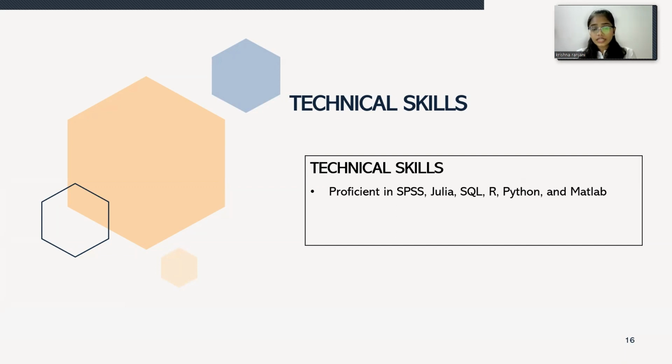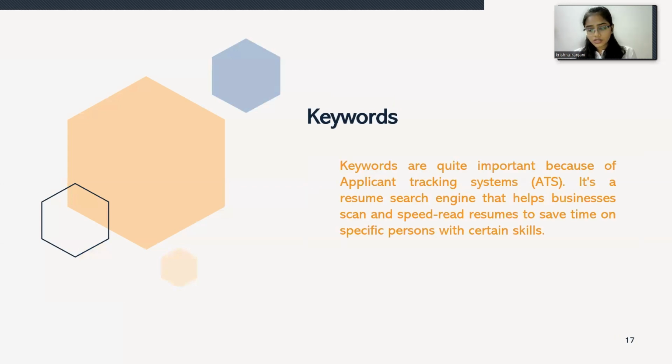Give relevant technical skills here. If you mention C and C++, these languages don't make sense, whereas R and Python will help you with data visualization. Make sure whatever you state here is relevant to your described job role. Clear? Okay. Moving to the next section, keywords.